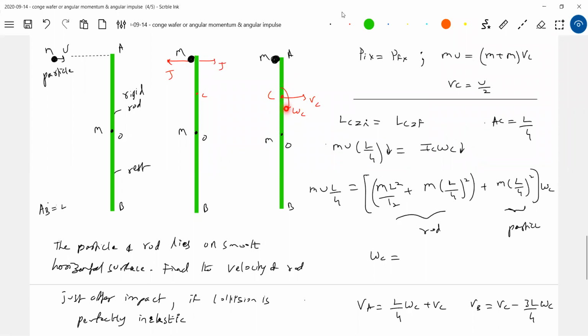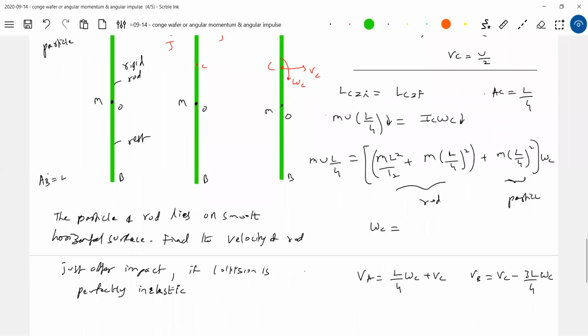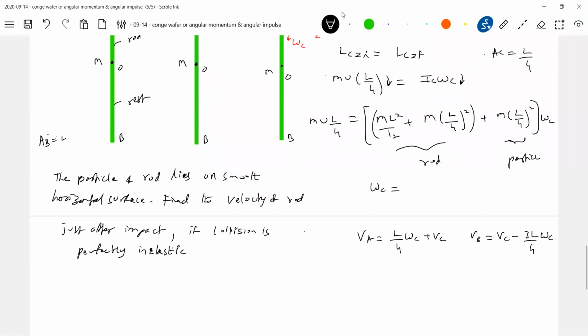I think you got some questions in previous exams earlier in circular motion: just after impact, what will be the tension in the rod? It will be non-zero, just after impact.